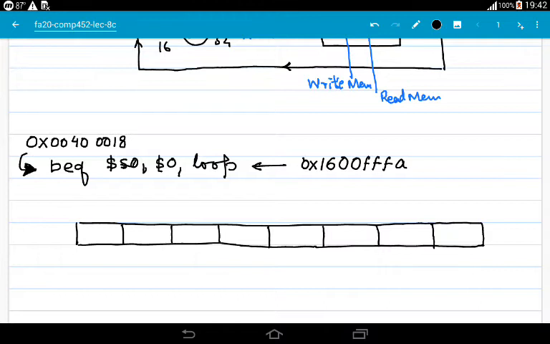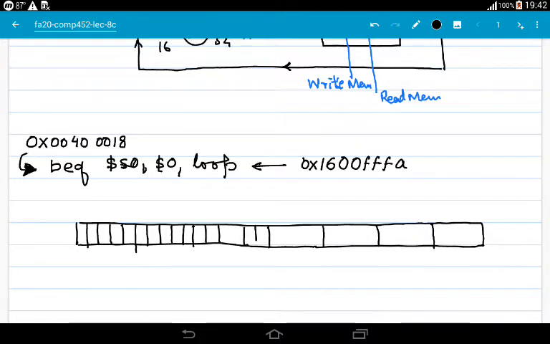Each of these is 4 bits. I should have drawn it ahead of time.